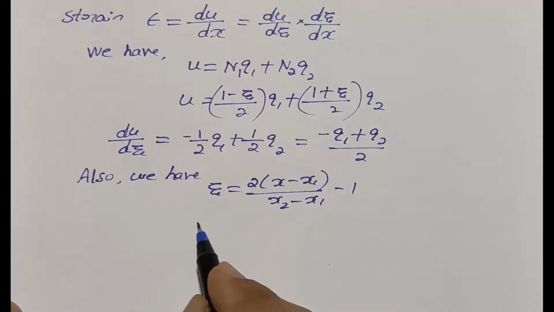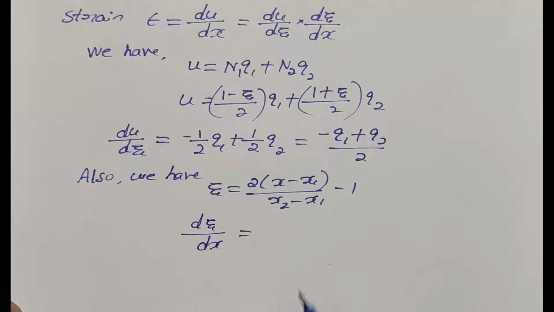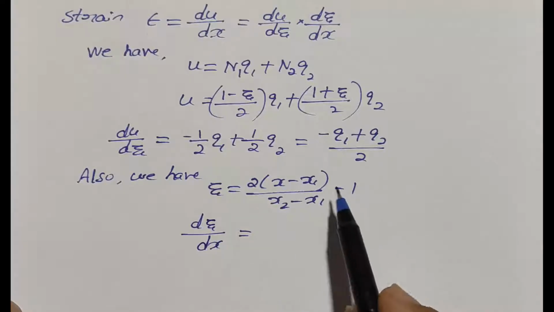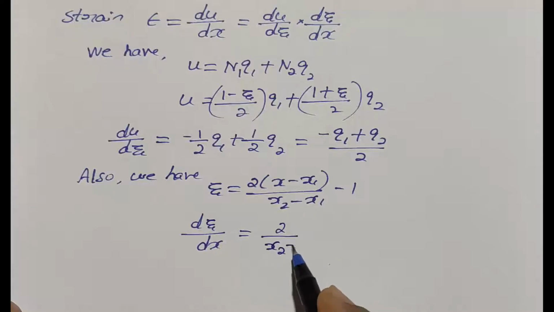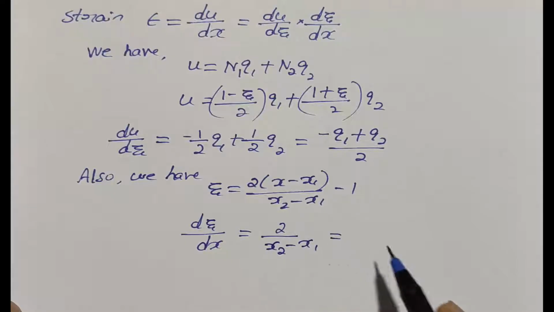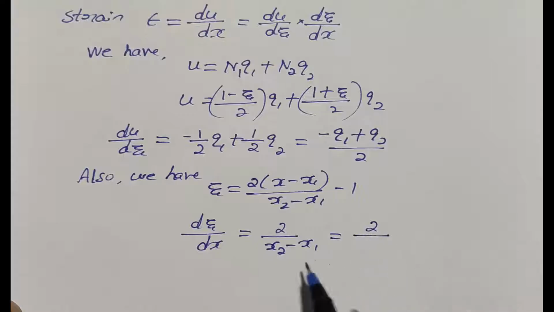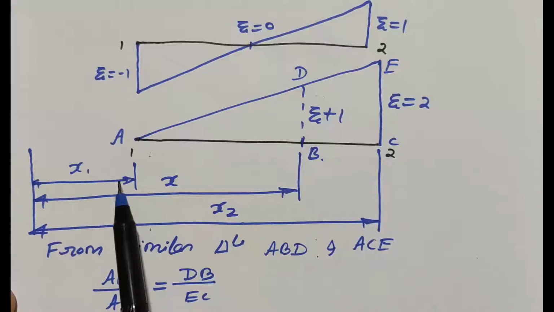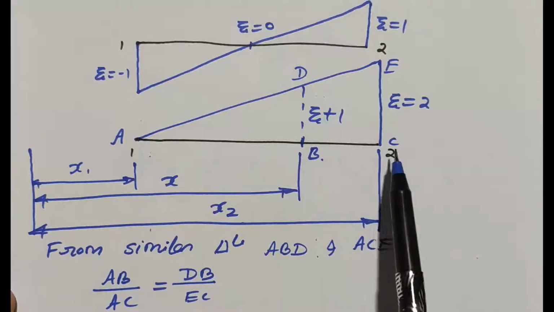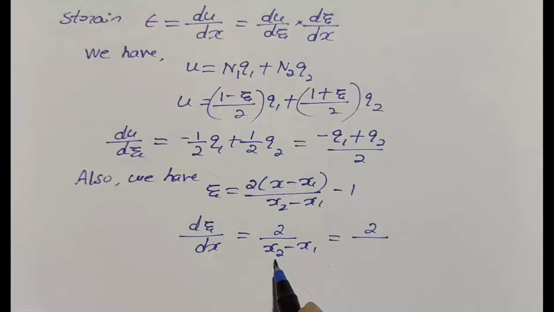So d zeta by dx is equal to 2 by x2 minus x1, which is equal to 2 by L. If you see this figure, this x2 minus x1 is nothing but the length of the element L.